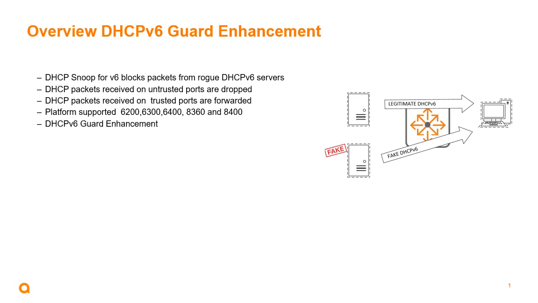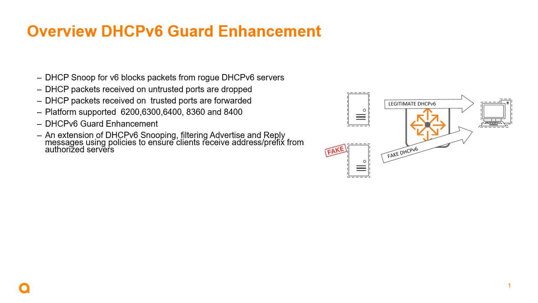DHCPv6 Guard enhancement is an extension of the current DHCPv6 snooping. The extension allows filtering of advertise and reply messages using policies to ensure clients receive an address or prefix from authorized servers, effectively blocking access with differentiation on a trusted port.